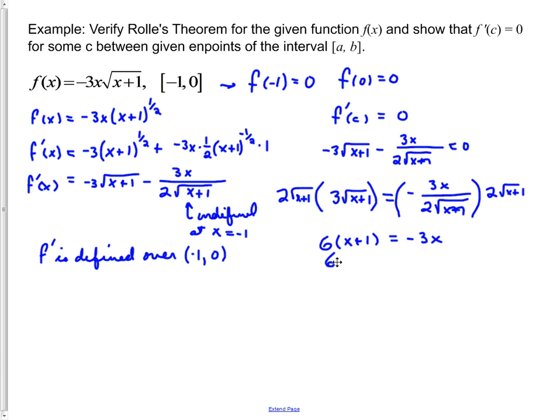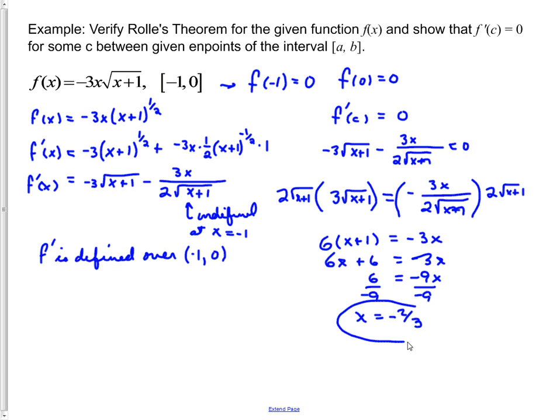That is to say, 6x plus 6 is equal to negative 3x. If I subtract 6x from both sides, I get 6 is equal to negative 9x. And dividing by negative 9, I get x is equal to, when I reduce the fraction, negative 2/3.